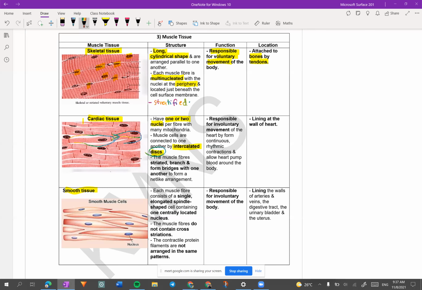Bila awak nak gerakkan tangan kanan, baru awak gerakkan the skeletal tissue kanan. Tapi yang jantung ni, all the time, you akan pump. And it's actually dalam 0.8 second, dia akan pump. Okay. So, it risks untuk pecah. Bila ada intercalated disc ni, dia akan protect lah from that particular thing from happening.